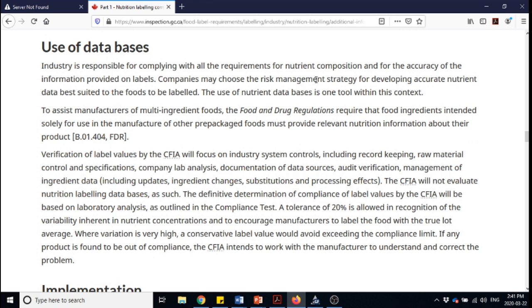This paragraph here has a lot of power in it, and the CFIA doesn't want to evaluate the nutrition database platforms. They want to be focused on compliance. They don't want to be out in the business of saying this platform or that platform is approved by CFIA or not.